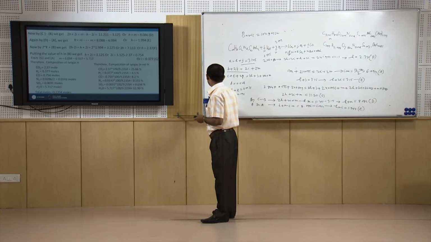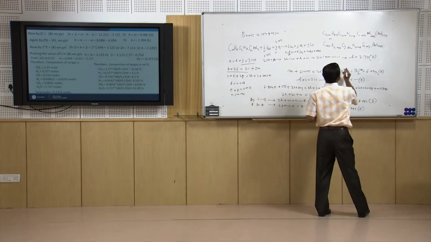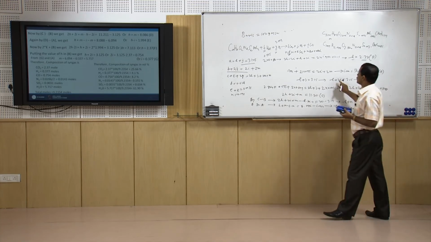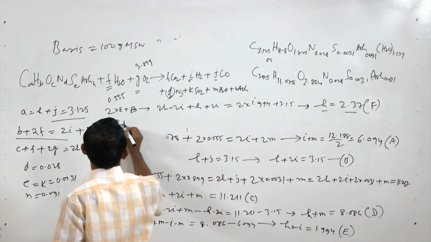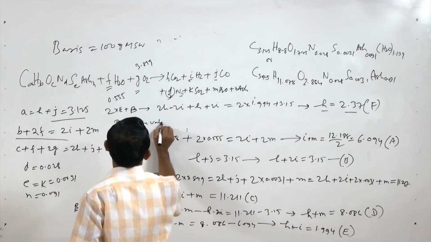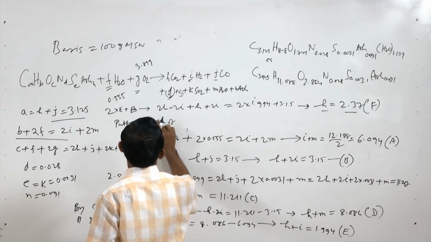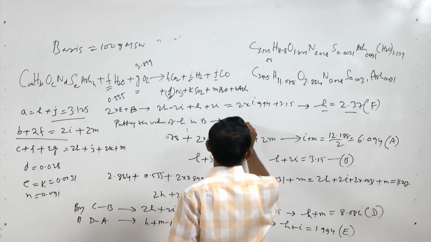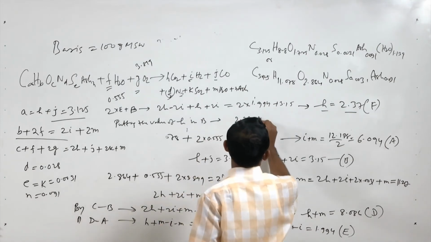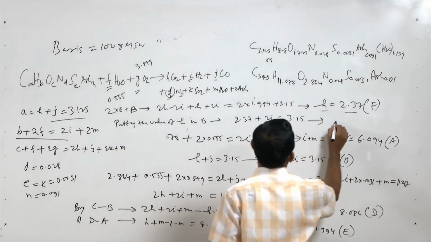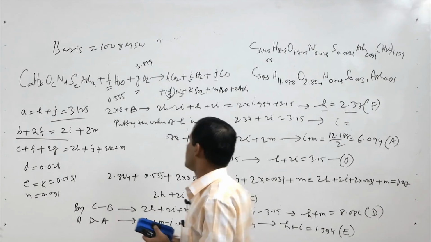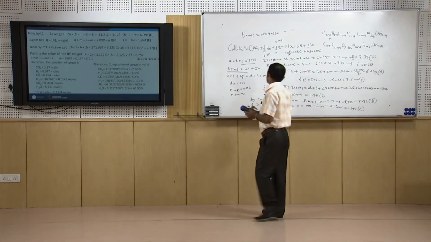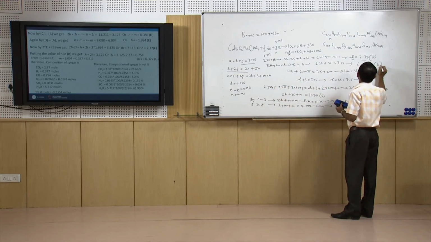Putting the value of H in B, which value we are getting here, if we put the value of H in B, then we will get the value of I. So 2I, putting the value of H in B, we get 2.37 plus 2I is equal to 3.15, or it is giving I is equal to 0.377. So that is equal to G.